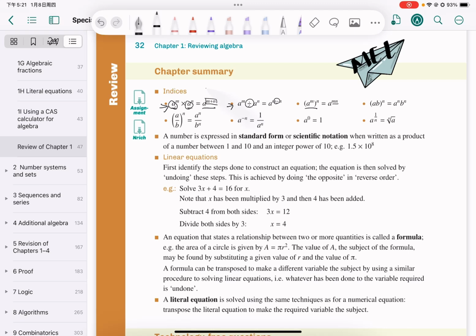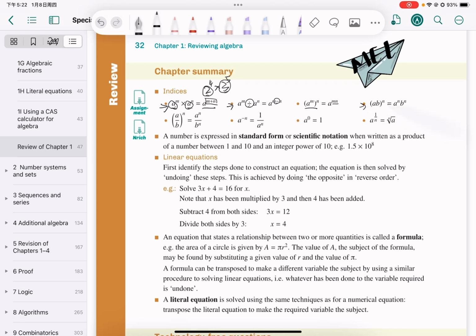So what if, let's say, for example, this times 3 to the power of 5, can it be using this formula? So no. So we need to make sure the base must be the same.